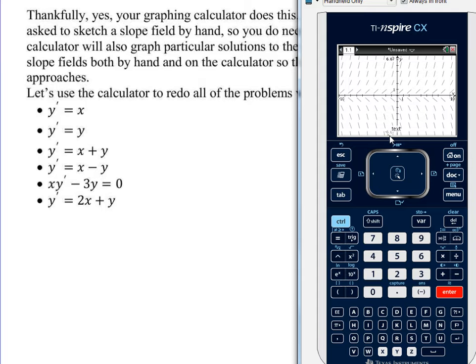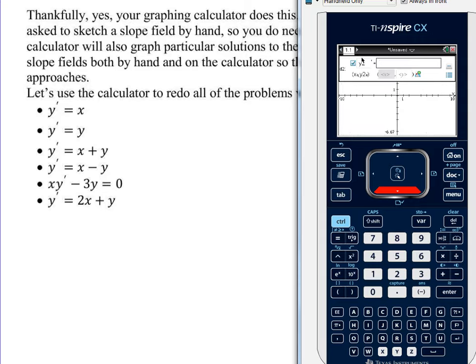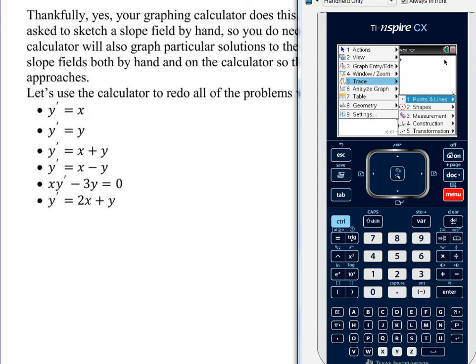So let's go on to the next one, y prime equals x plus y. And I want to try this again. I'm going to go to y1 and uncheck it, and then go to y2 and just type in x plus, this time it's y2. And it didn't do anything for me. All right, that figures. So let me get out of there.